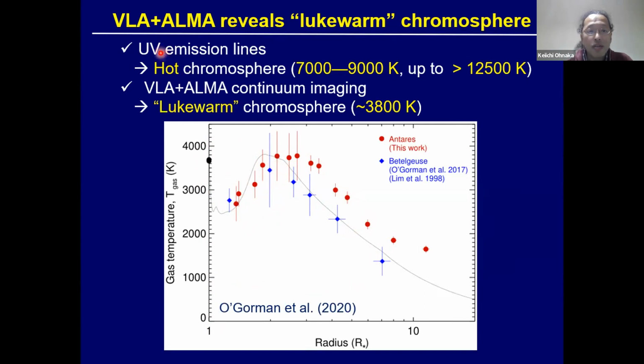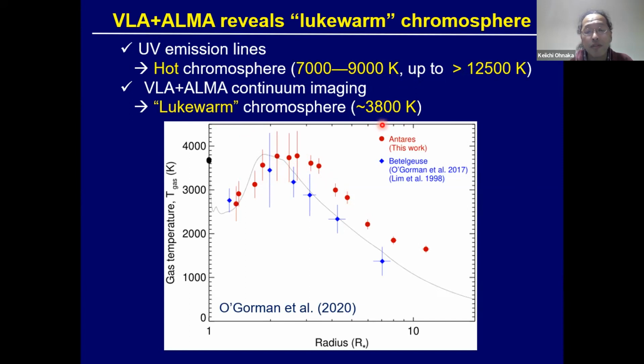However, the UV emission lines do show a really hot chromosphere at temperatures of 7,000 to 9,000 K, or even hotter than 12,000 K. So compared to this real hot stuff, what was found with ALMA and the VLA is not so hot. So it's a lukewarm chromosphere with the peak temperature of 3,800 K.